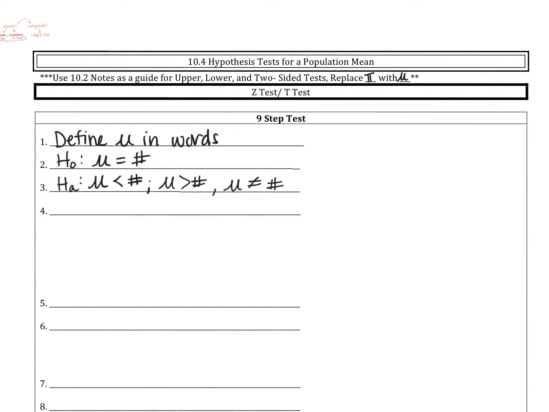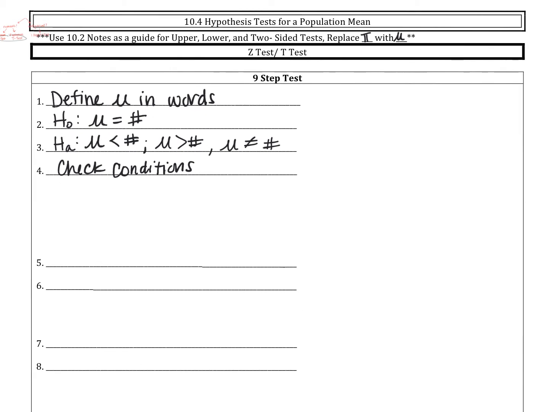Okay, step 4 is check conditions. The conditions are very similar, actually the same, as those for a confidence interval. Condition number 1 is the sample random? Condition number 2 is the sample normal.